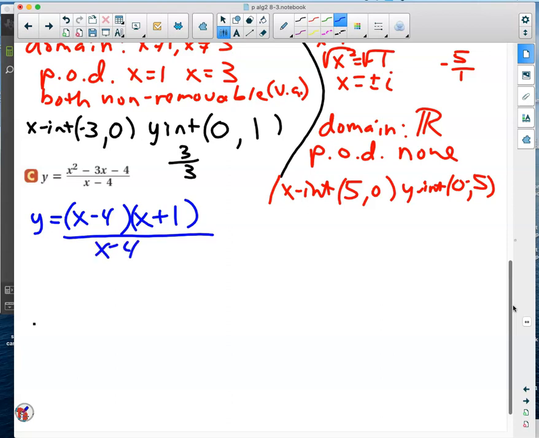All right, so it looks like we have one number that's going to be bad news for our domain. What's that number? A 4. x can't be 4. Now we have to figure out if that's removable or non-removable. Will it cancel? Oh, it will. This one is removable. Oh, shoot, I forgot to put POD down first, then removable.